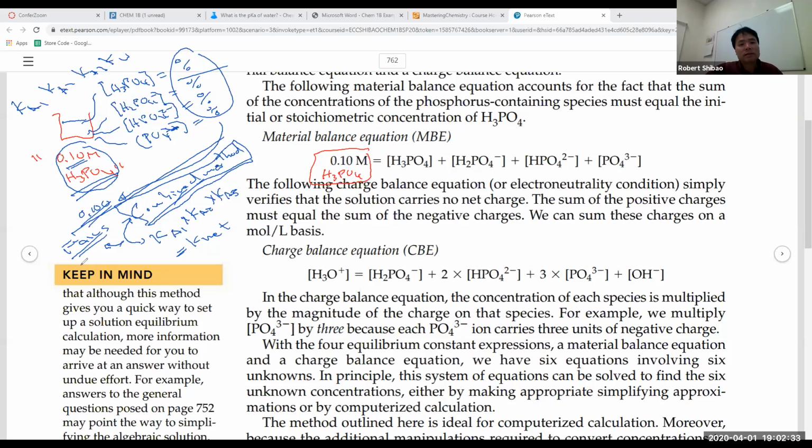What I said during the time is this: I didn't say it's a violation of the law of mass action, but maybe I should have. What I said was, the combined method assumes all the phosphorus ends up in two species. Go back in your notes. The two species that all the phosphorus ends up in are phosphoric acid and phosphate. But we know that the concentration of phosphate is extremely small.